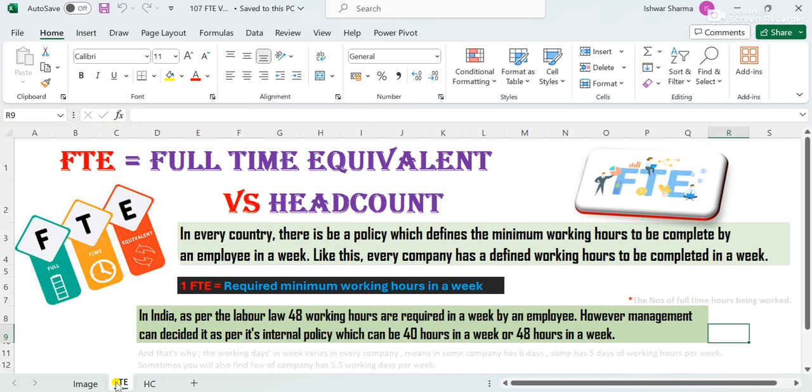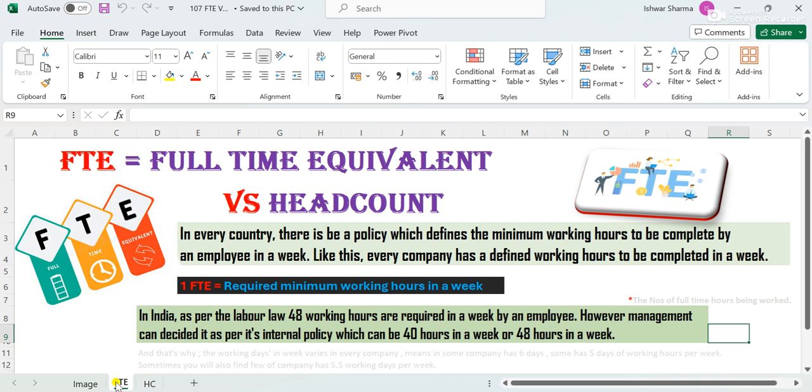In statement one, I'm saying every country. In statement two, I'm saying every company. The company decides the shift timing or working hours as per their internal policy, but in every country there is a policy defining the minimum working hours to be completed by an employee in a week.